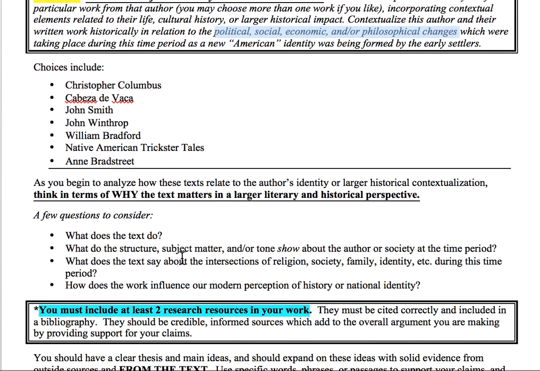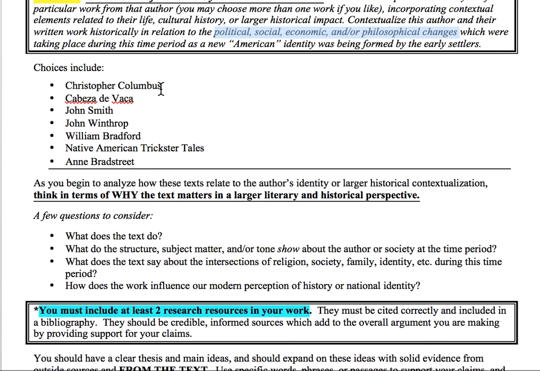So what this means is you take an author like Columbus, and I had you read Columbus the first week of the course, and I had you compare him to De Vaca, and really look at how the language that they use portrays certain ideas. Columbus's language portrayed a certain view of the native people that was very, very different than De Vaca. Columbus's language was very self-centered.